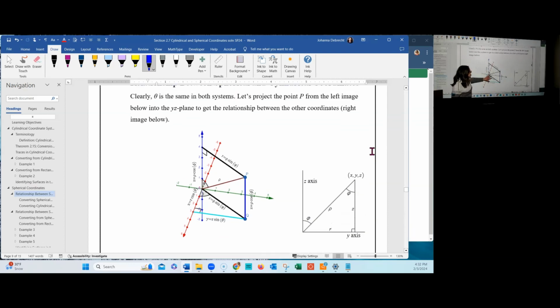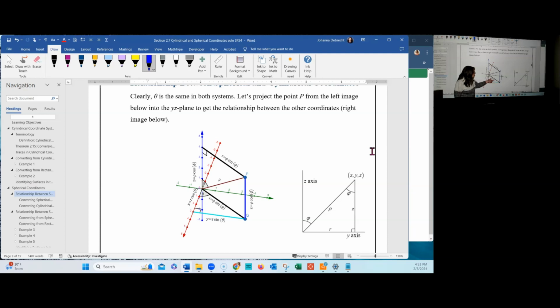And you can see in the image on the left that I've labeled all the different sides so you can see the relationship. Remember that my point is P in three-dimensional space. Q is the projection or shadow of the point in the XY plane. R is in the XY plane from the pole or the origin out to point Q, the shadow.